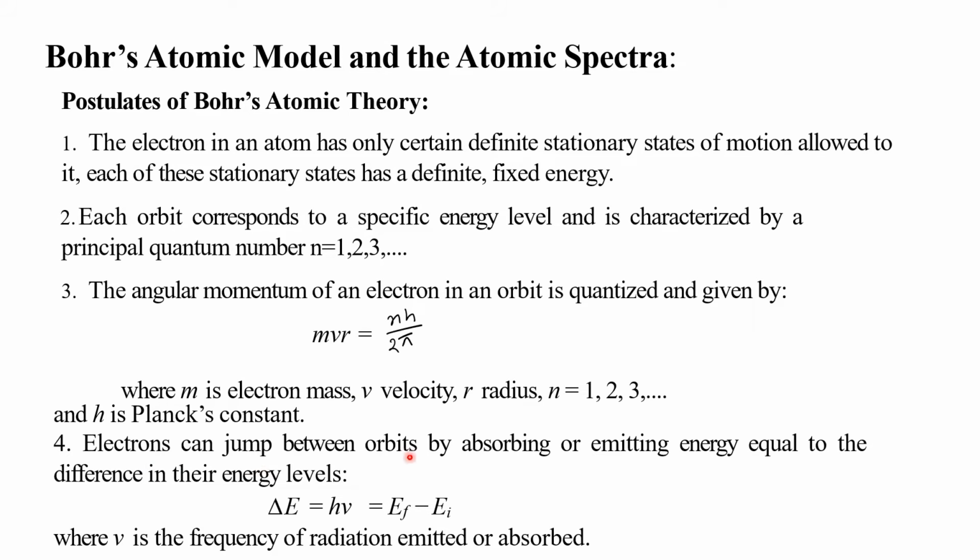Electrons can jump between orbits by absorbing or emitting energy equal to the difference in their energy levels. So if the difference in the energy levels is delta E, which is E final, the energy of the final state, minus E initial, the energy of the initial state, we can write delta E equals h nu, where nu is the frequency of radiation emitted or absorbed.